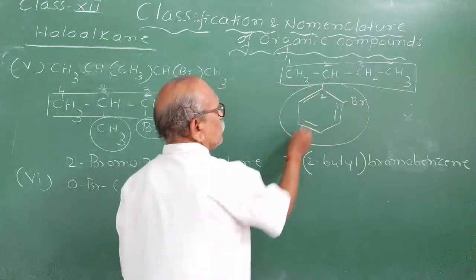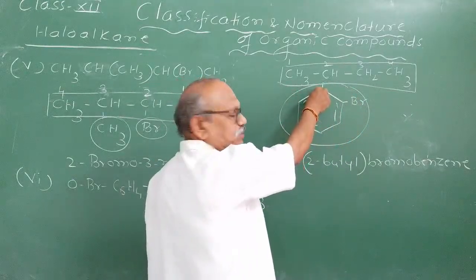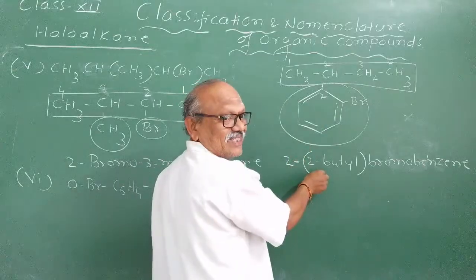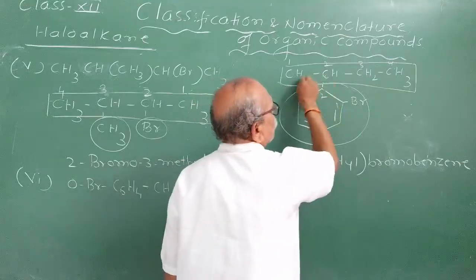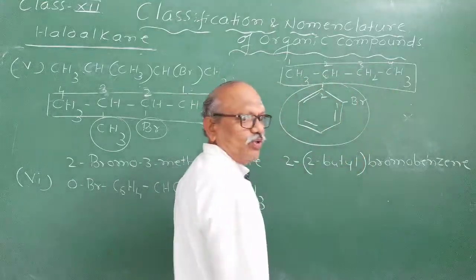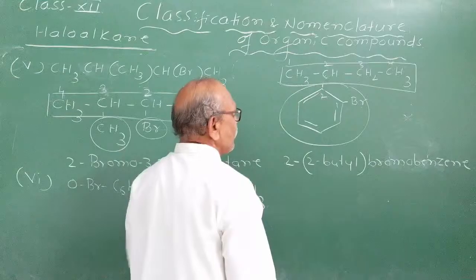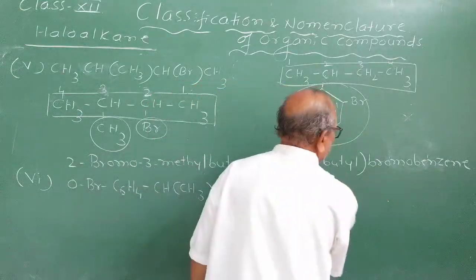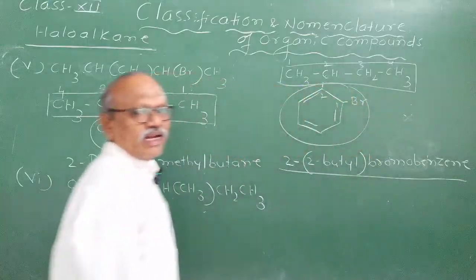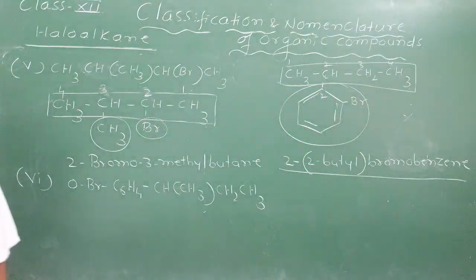The 2 refers to the second carbon atom of the benzene ring, into bracket. It is linked to the second carbon atom. Therefore, it is 2-butyl: 1, 2, 3, 4. 2-butyl bromobenzene is the correct IUPAC name of this compound.